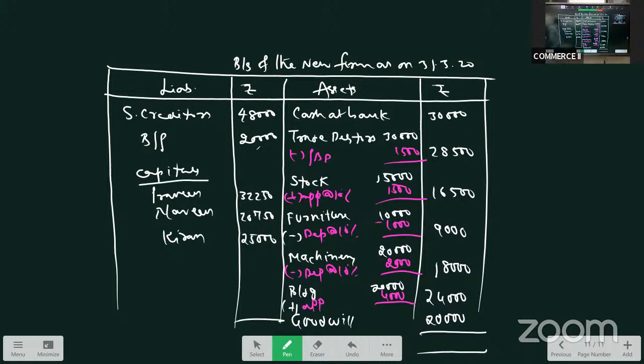Just check the total. Check the total. The total comes to 1,46,000. Yeah. This is how we are done.